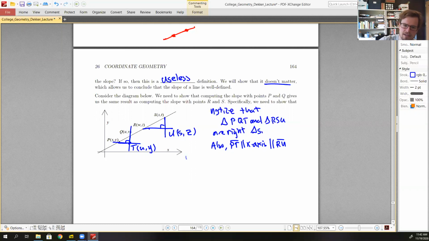Well, by the converse of the corresponding angles corollary, we would have that angle QPT is congruent to angle SRU.